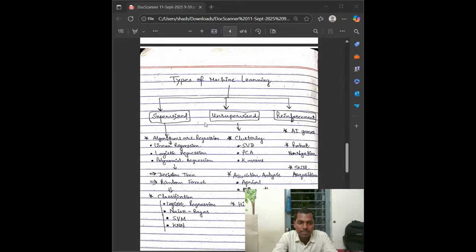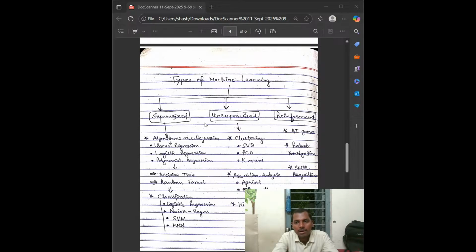In regression, we have linear regression and multiple regression. In classification, we have KNN, K nearest neighbor, trees, Naive Bayes, SVM, support vector machine, and we also have logistic regression. That is what is covered in supervised learning algorithms.